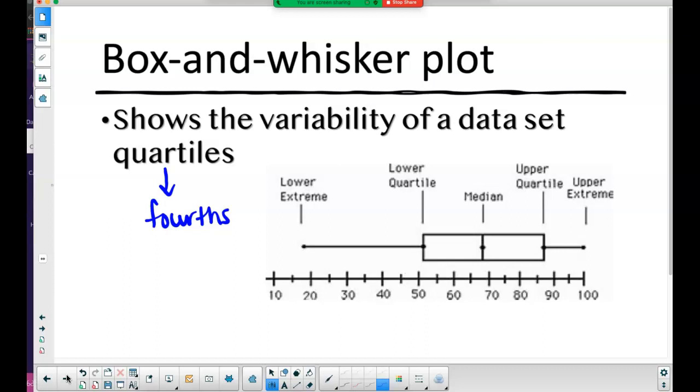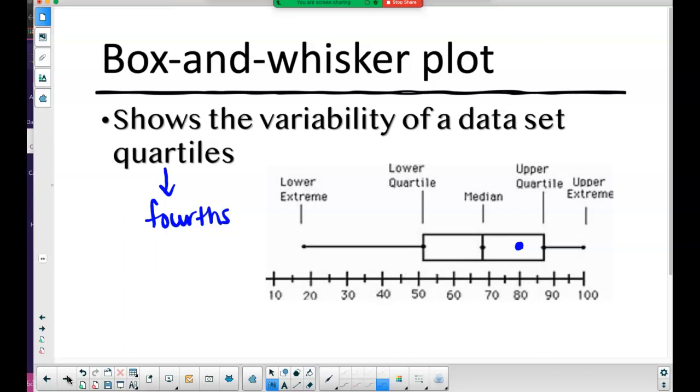And half of the people, the median right here, means half of the people got about 68 or better, and half of the people got 68 or less. And then they would put a dot somewhere on the graph for you. So maybe that is you. That means you were in the top half of the class. And you can kind of see how spread out it is. We don't use box and whisker plots very often. Okay?